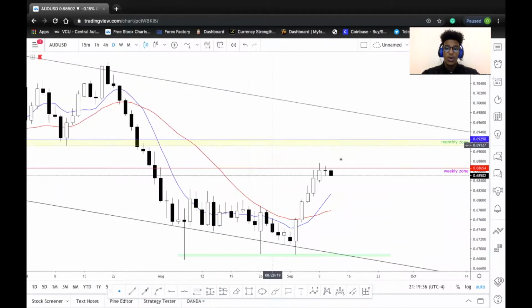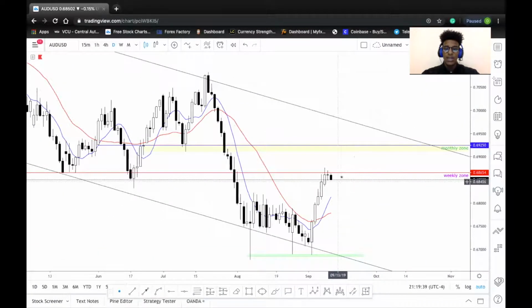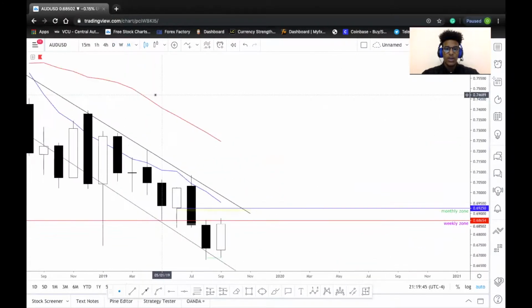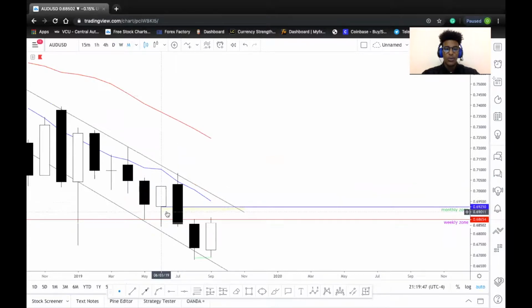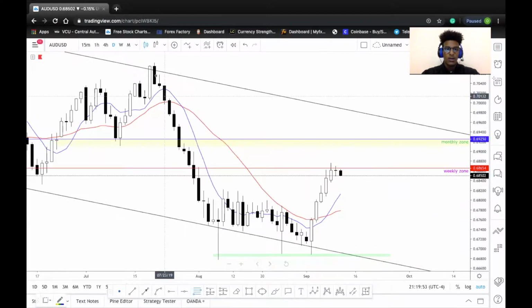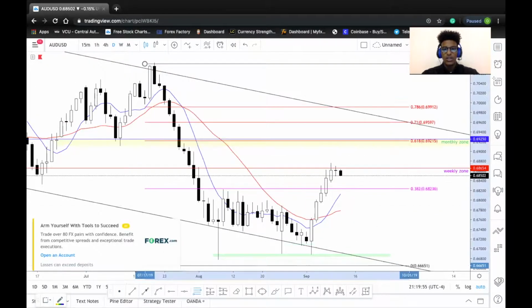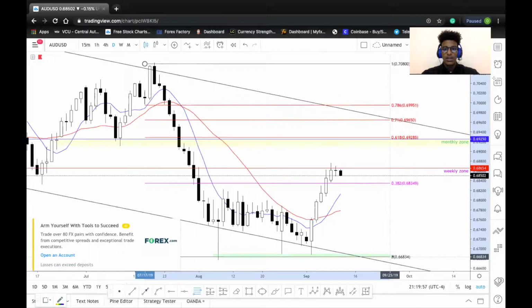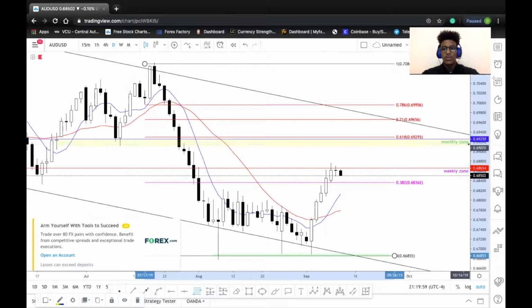The reason we want to hold off is because we can see price potentially pull up to this monthly zone. Going on the monthly time frame, we can see we had a strong support. Bringing out our Fibonacci tool, from this swing high to this swing low, we have a 61 Fibonacci in confluence with this monthly zone.